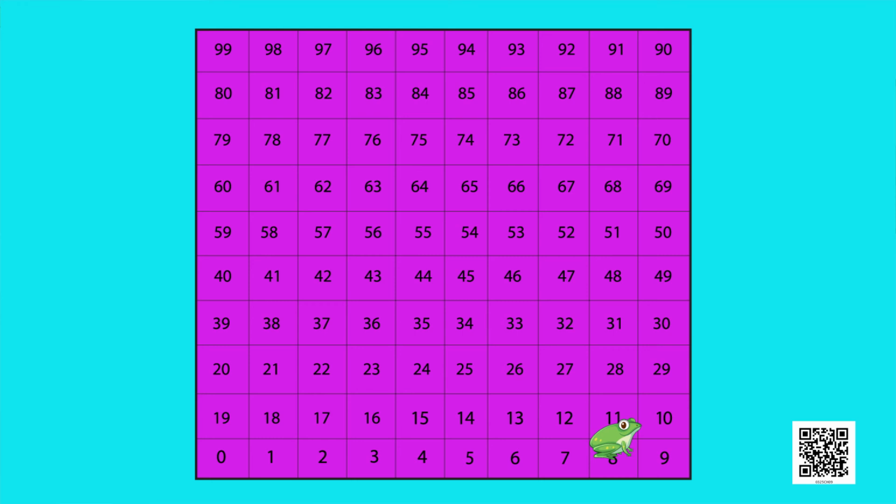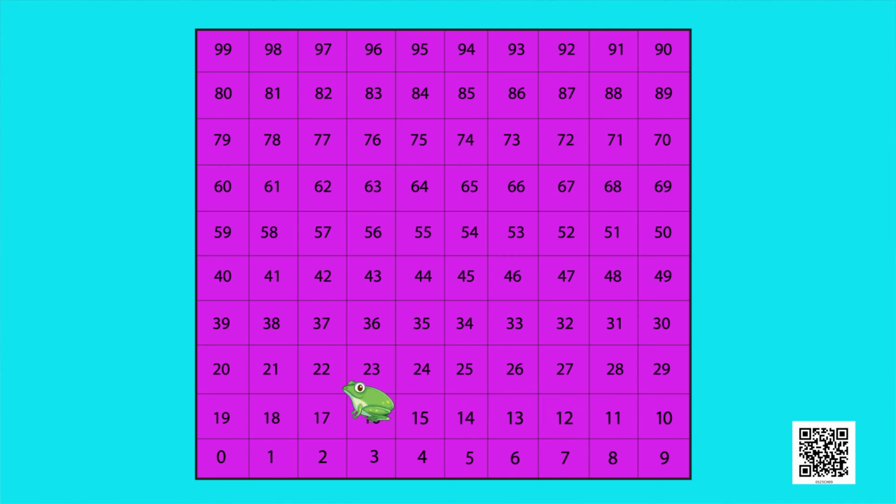Let's count after 8. 1, 2, 3, 4, 5, 6, 7 and 8. So, in the second jump, Taru will jump from 8 and will reach 16.